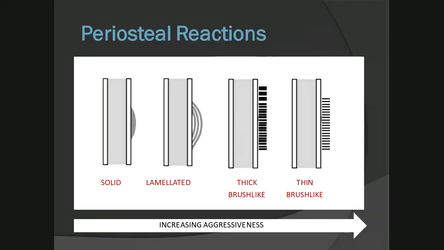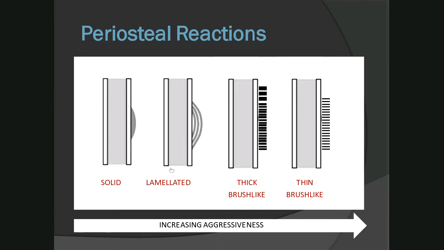So the following slide is just a reminder of what we covered in earlier lectures when we looked at the introduction to radiological interpretation. And it's just revising the different types of periosteal reactions. They demonstrate the different levels of aggression of the lesion according to their appearance. So starting on the left, the solid and the lamellated reactions are the more benign ones.